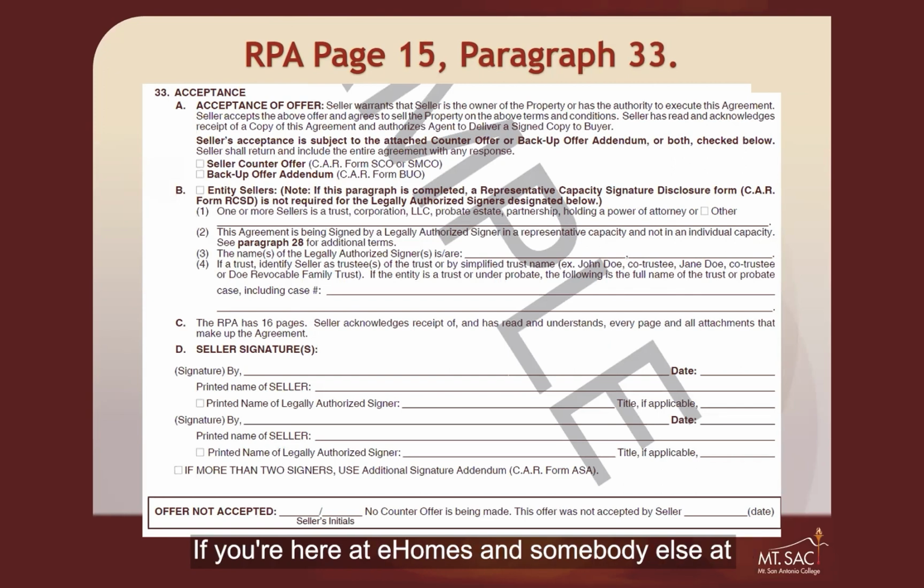If you're here at eHomes and somebody else at eHomes has written an offer, but somebody from Mount Sac Realty has written an offer, the agent from Mount Sac Realty is wondering, did you give preference to the eHomes agent because they're one of your own agents in your own company? Well, one of the ways to overcome that is to have the seller initial the offer from Mount Sac Realty that you want to reject.